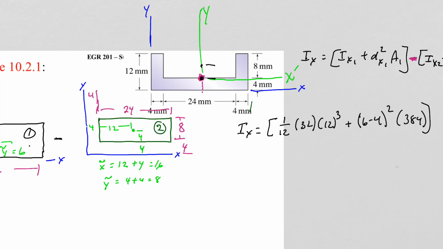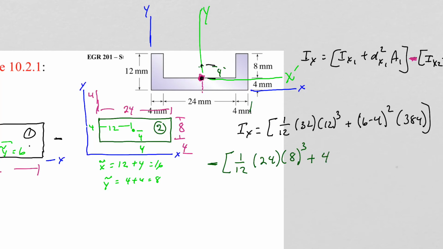And then the second part, now we do the smaller shape number 2. We're going to subtract it. Again, in brackets, 1/12 base, the base of that shape is 24, the height is 8, and that is cubed, plus its distance. The shape itself is at this 4 location, so it should be 4 for that distance.